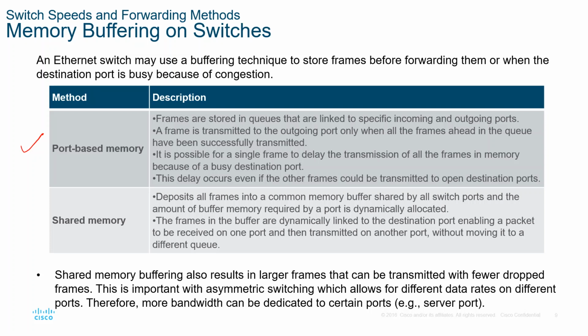Shared memory buffering results in larger frames that can be transmitted with fewer dropped frames. Asymmetric switching usually uses shared memory buffering because it allows for different data rates on different ports.